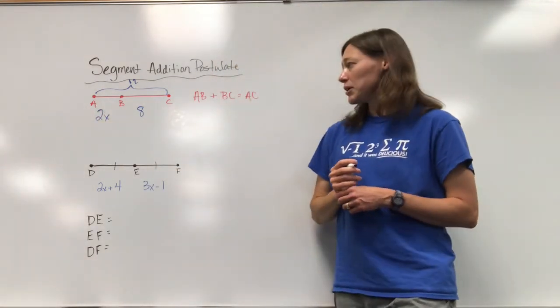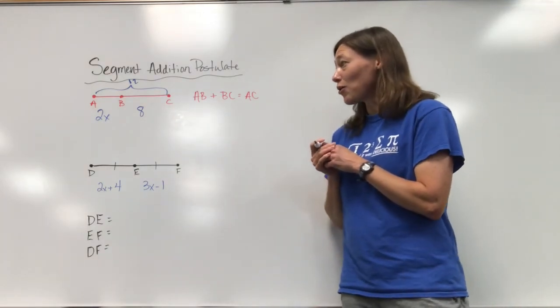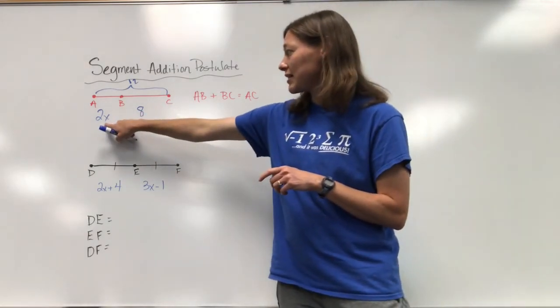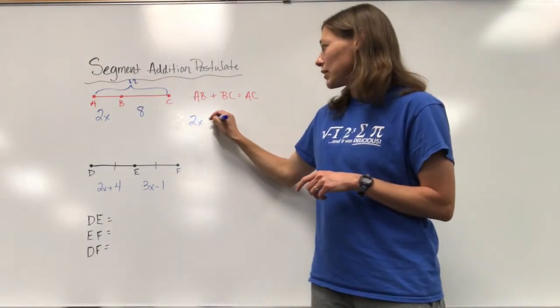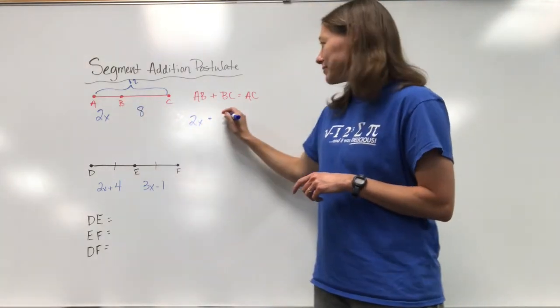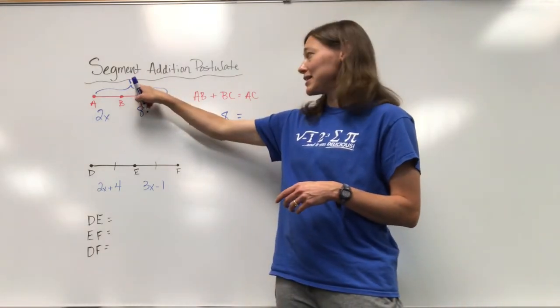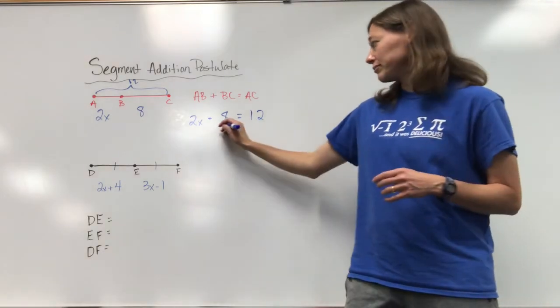So what we need to do is come up with an equation to solve to find x. So I am going to say that this small part, 2x, that's my AB, plus the BC, which is 8, and the sum of that is the length of AC, which is 12. And then I'm just going to solve.